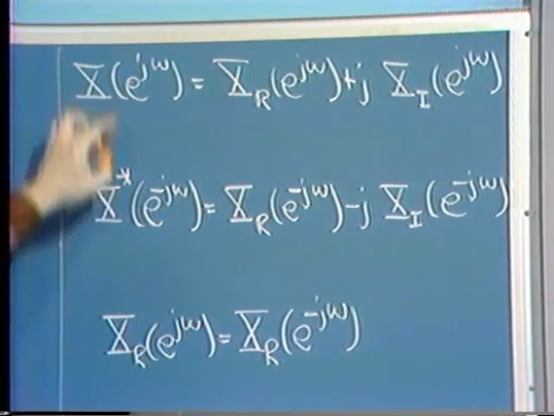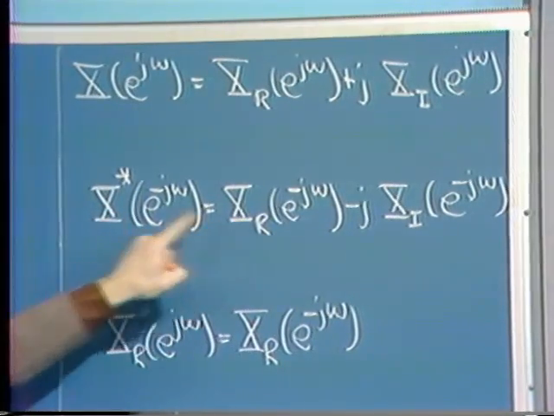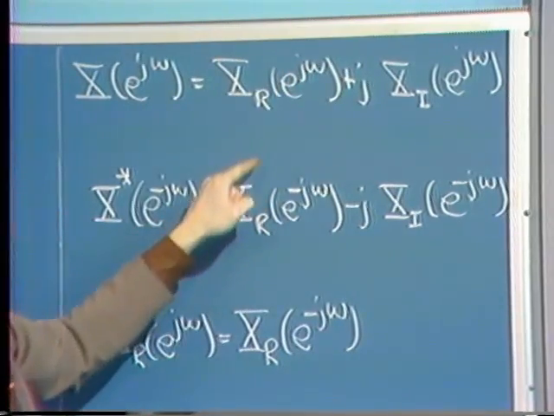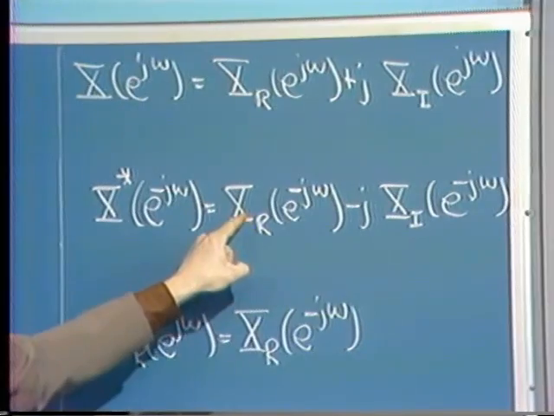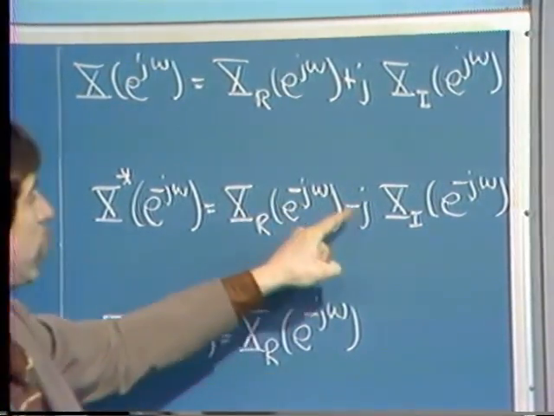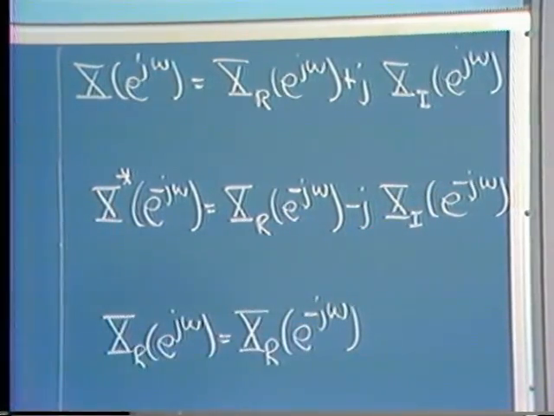And the conjugate symmetric counterpart is this with omega replaced by minus omega and the expression conjugated. So we have x sub r of e to the minus j omega minus j times x sub I of e to the minus j omega.